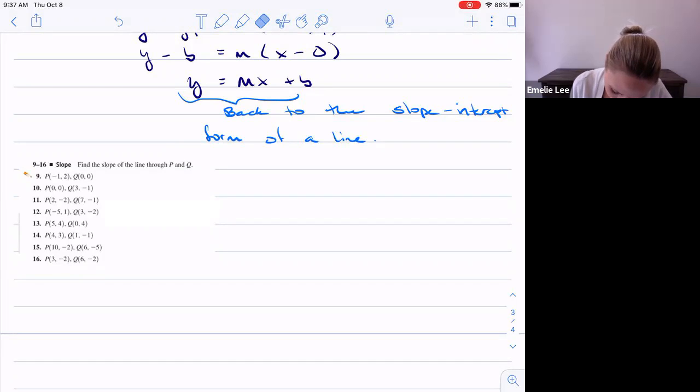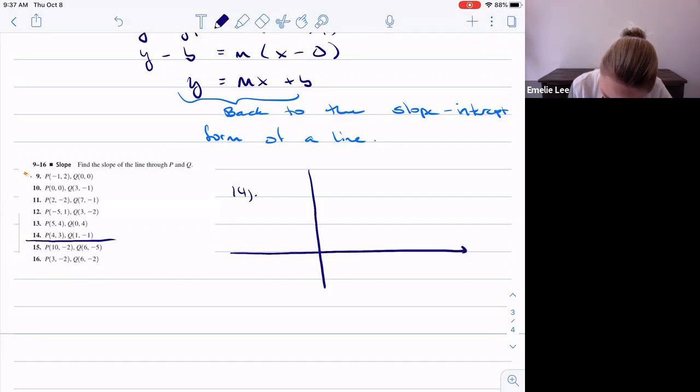I want to do maybe, well, because I don't want to do a huge graph, I'll do this one. So 14, I'll try to squeeze it in here, has a point P. So we're trying to find the slope of the line through P and Q.